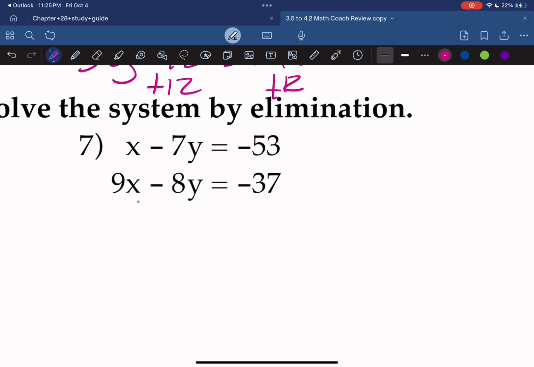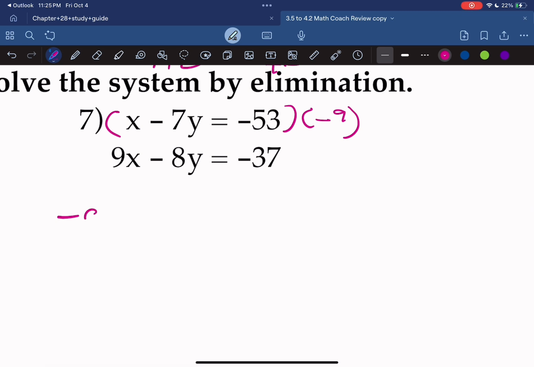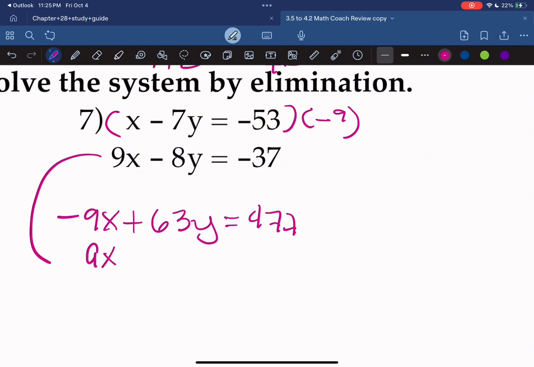We have to try to make this a negative 9x. So we're going to multiply everything here by negative 9. So it's going to be negative 9x plus 63y equals 477. And then we put this equation here, 9x minus 8y equals negative 37.